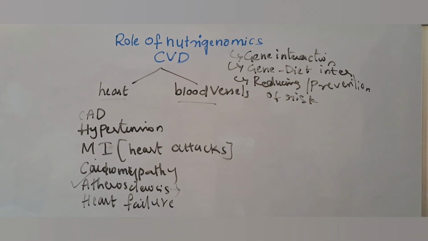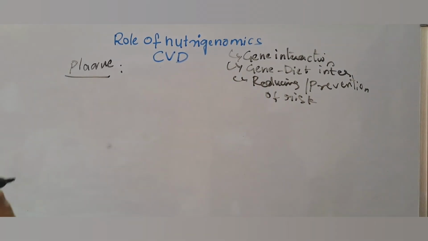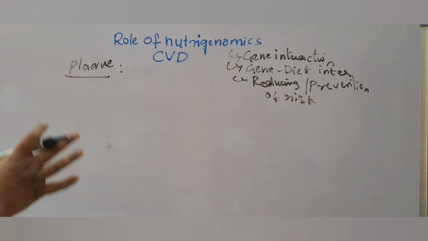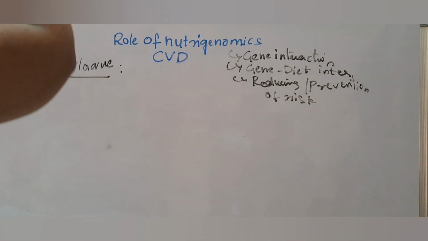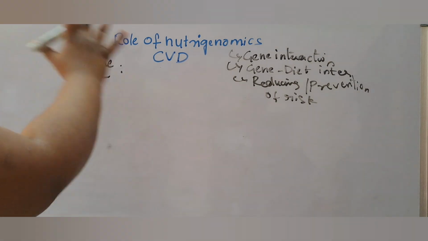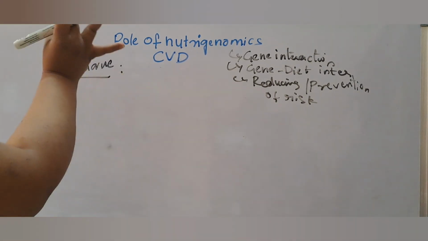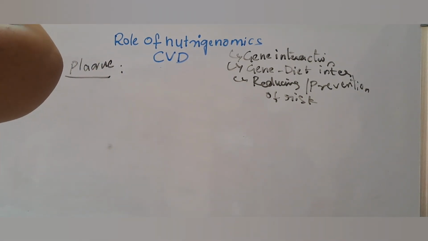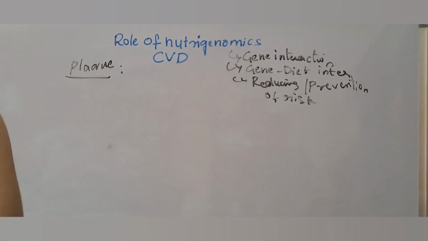I'll erase this and explain. We are discussing CVD, right? One of the diseases is atherosclerosis, in which mainly cholesterol, the fat substance, and lipid metabolism are all involved. That's why I'm taking this topic as plaque.